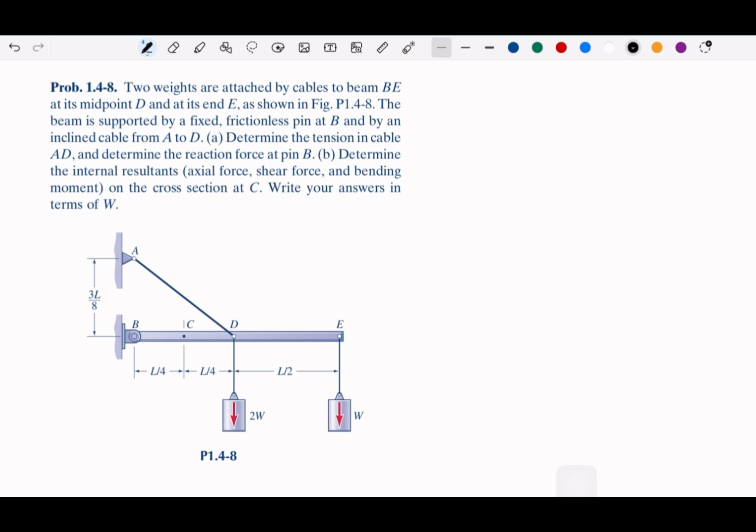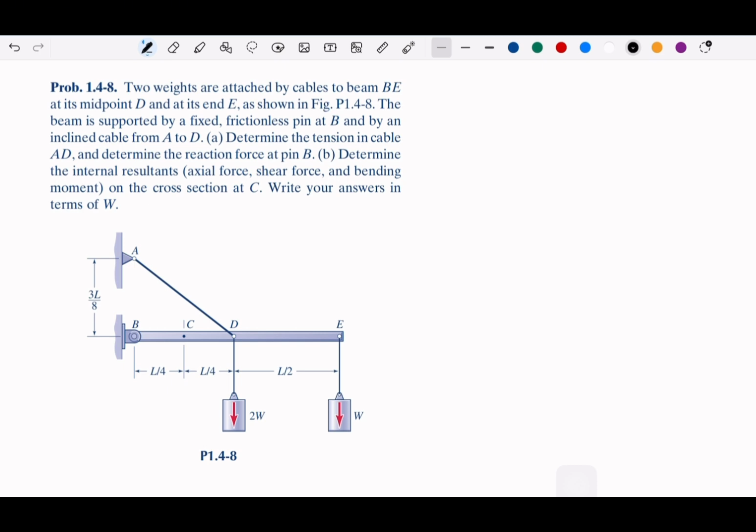Now, before we take this into our calculations, if we see the AD, this is going to make a proportional triangle.